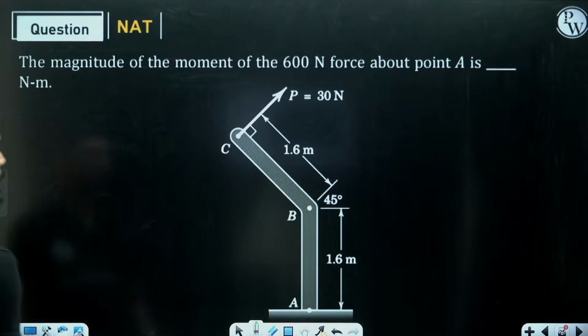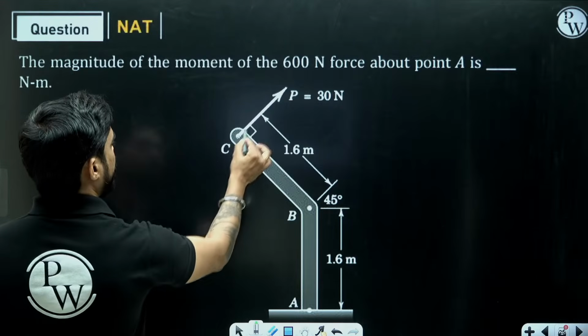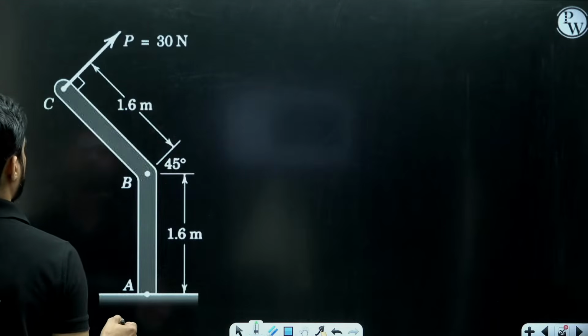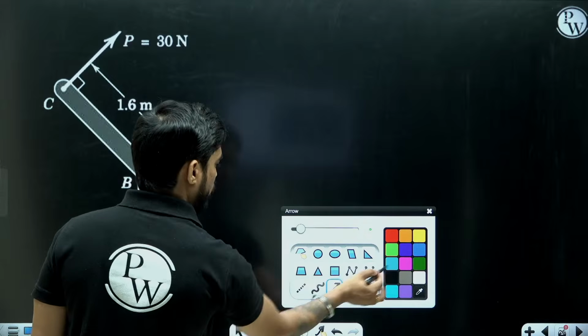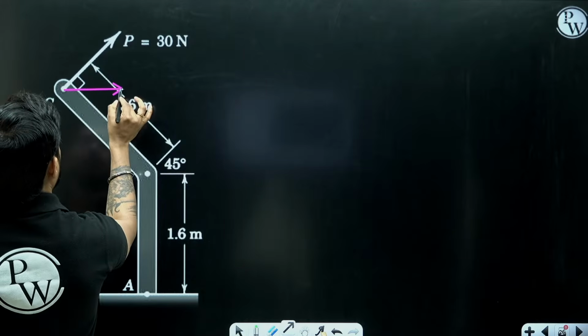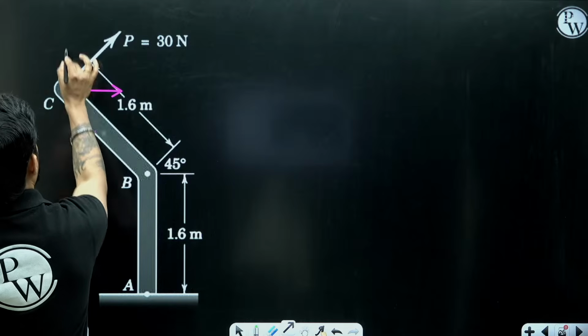So in this case, first we will resolve the force into two components. So let's resolve the force into two components, this and this.